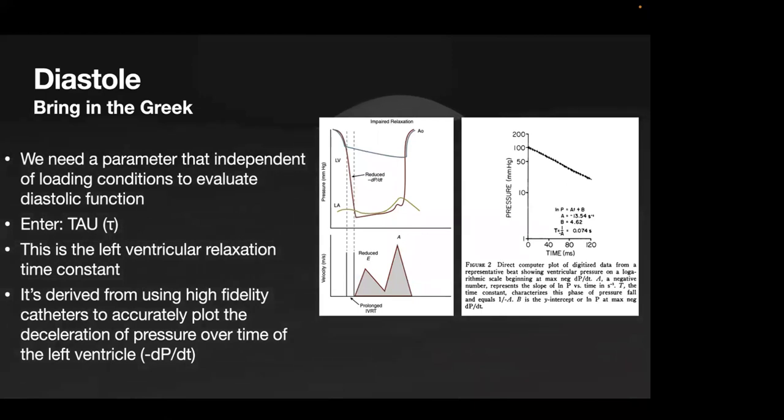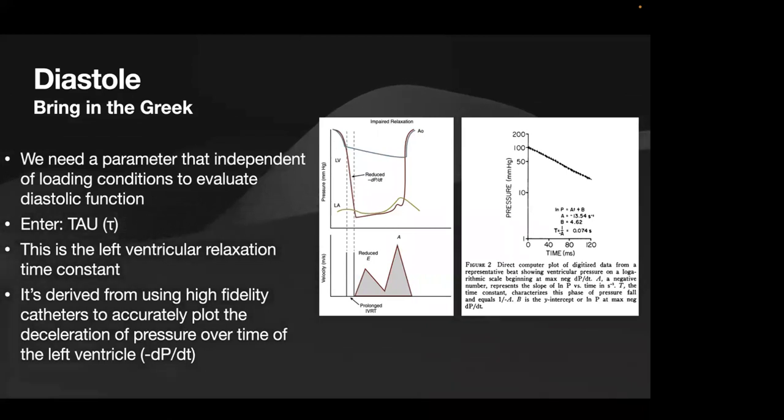representative beat that they did in a heart that was hooked up to a lot of pressure manometers, as well as a dog, and they did this in canine hearts. And what they found was that there is a linear logarithmic slope to the line that they are now calling tau.